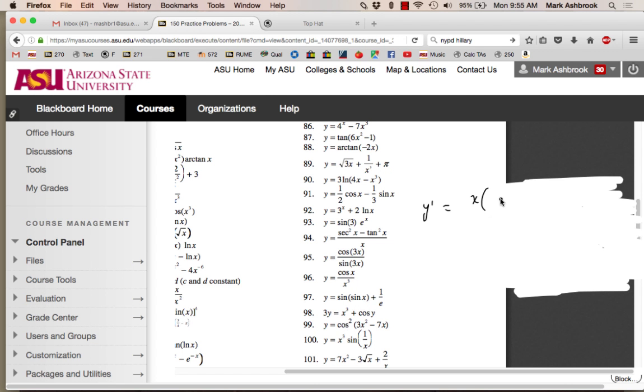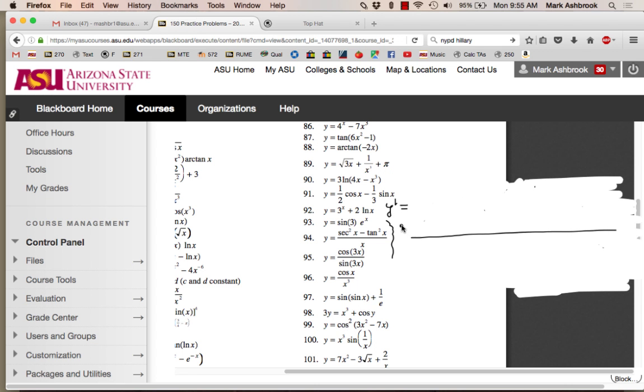So we're going to do 2 times secant x to the first. Ooh, I'm not going to have room at all here. Okay, so I'm going to give some room here. I'm going to do y prime equals, okay, here we go.